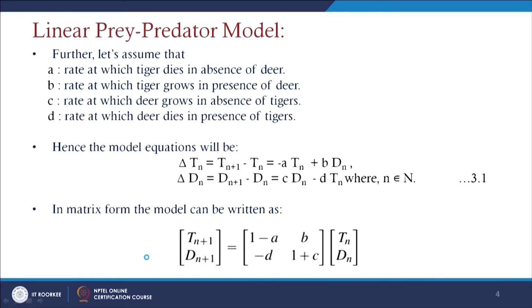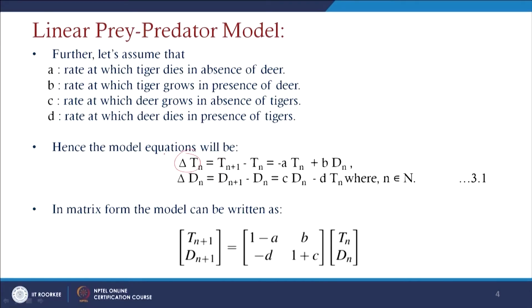Hence, at time level n, if we take the difference of the tiger population at time steps n plus 1 and n, we signify that term as delta Tn, which is represented as Tn plus 1 minus Tn.